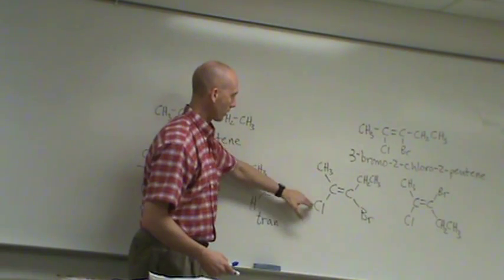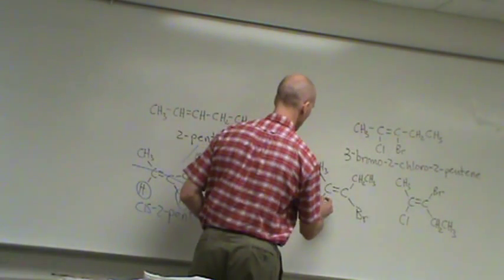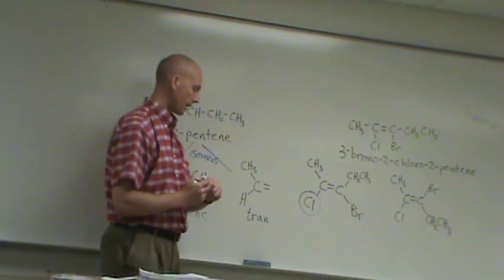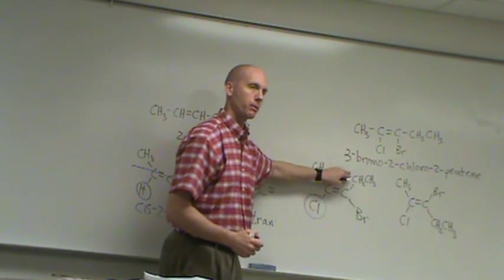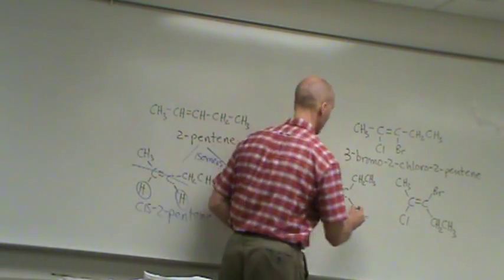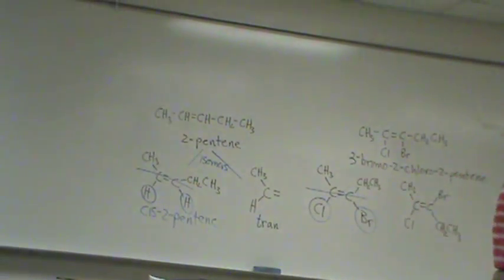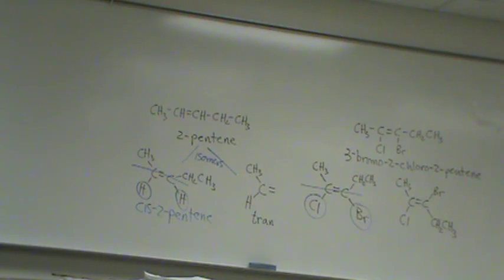Which has more priority, chlorine or carbon? Chlorine. Okay, so I'll circle the chlorine, higher atomic number. Then I come over here, bromine, carbon, which has higher atomic number. So we'll circle that. And draw a line on the double bond. What side of the line are those on? Same side? They're not on the same side.